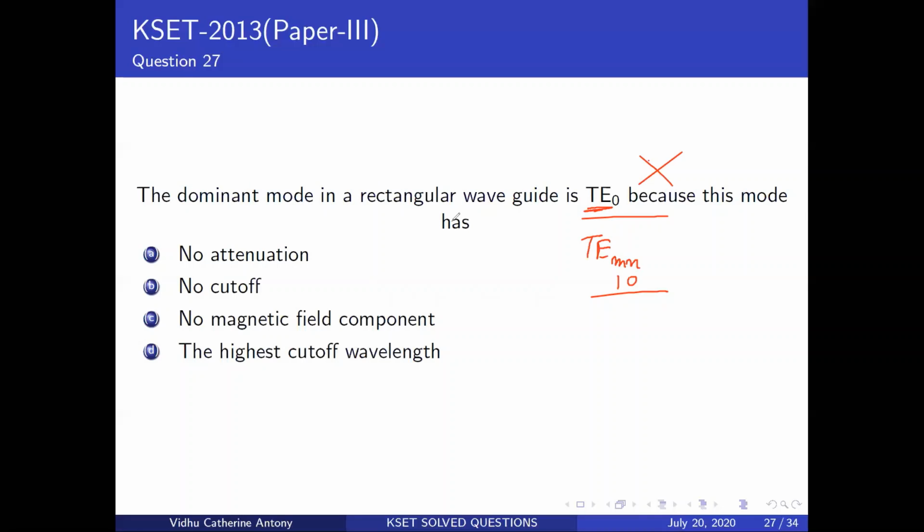But I'll still explain a little about this. So the dominant mode in a rectangular waveguide, if they had written this as TE10, then I could say that this is because it has the highest cutoff wavelength. So let's just look into that a little bit.